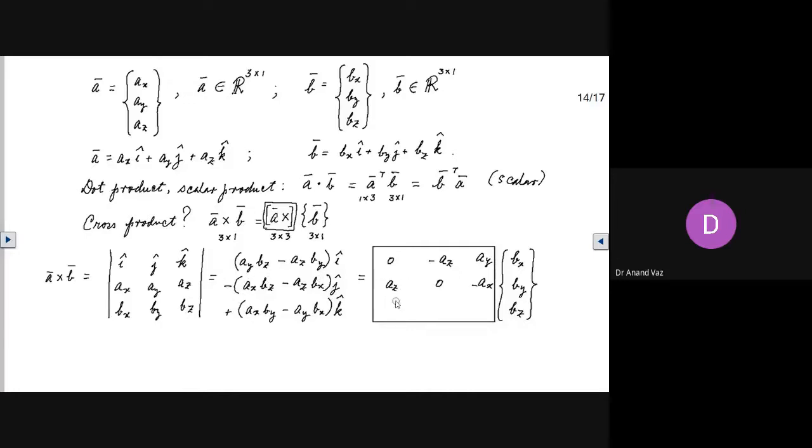And the third one is likewise ax into by minus ay into bx.